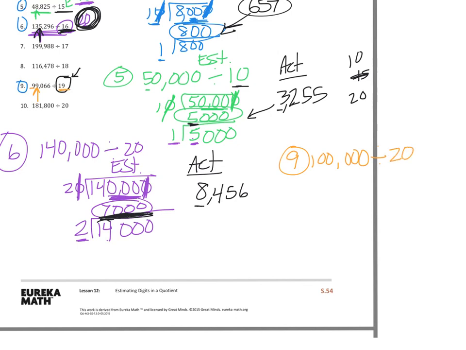And again, I want to get to something that is a multiple of 10, either 10, 20, as you get higher numbers, 30, 40, 50, and so on. So I'm going to 20. So my setup for this is 100,000 divided by 20. But what I can do is make this a one-digit divisor by dividing by 10 here and dividing by 10 here.